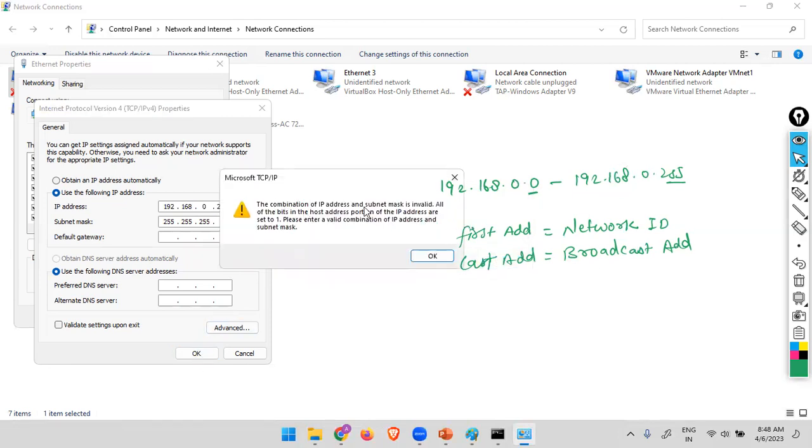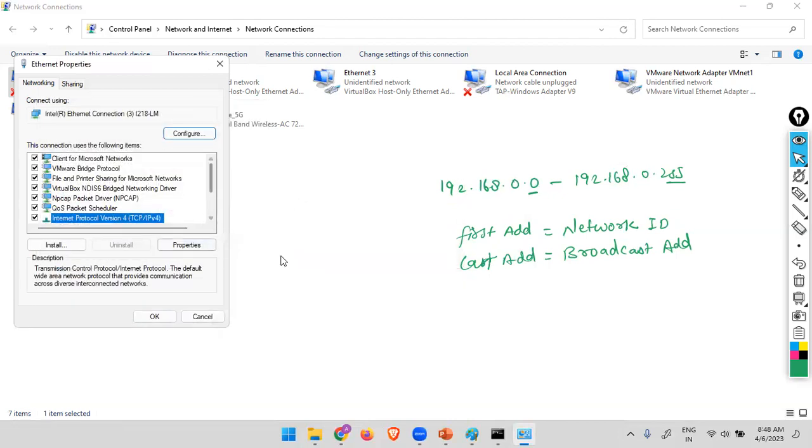The combination of IP address and subnet mask is invalid. All of the bits in the host address portion of the IP address are set to 1. That means 255. Clear? So the first address and the last address of any network we cannot use.